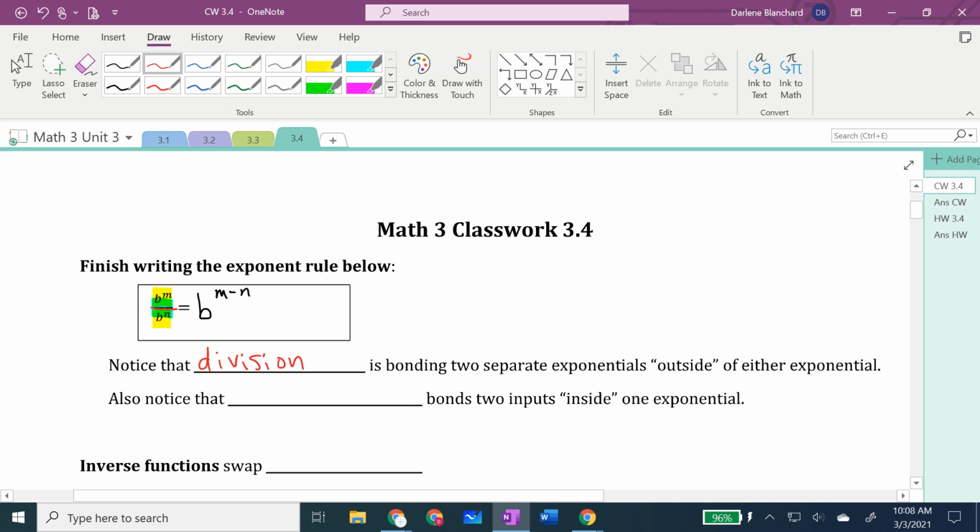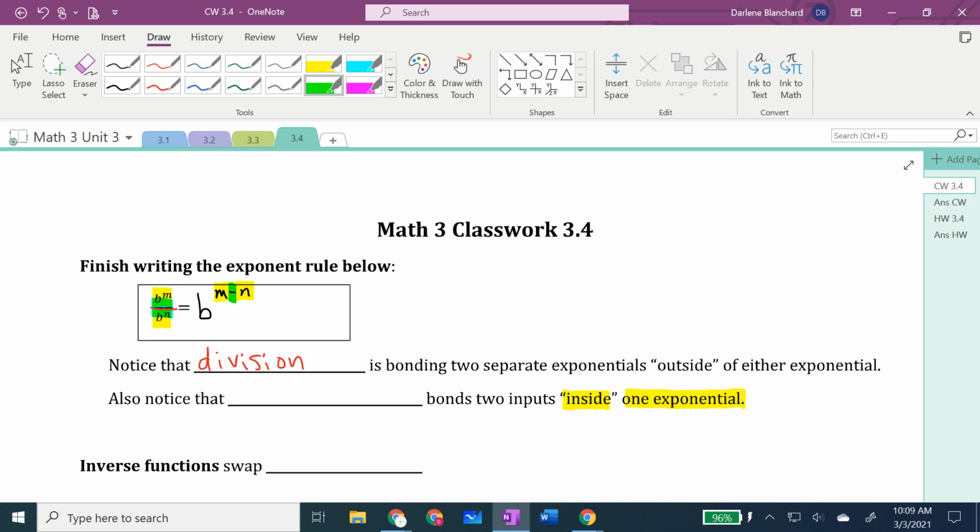Now, this rule condenses so that inside one exponential, what is the operation bonding the exponents inside of the exponential?